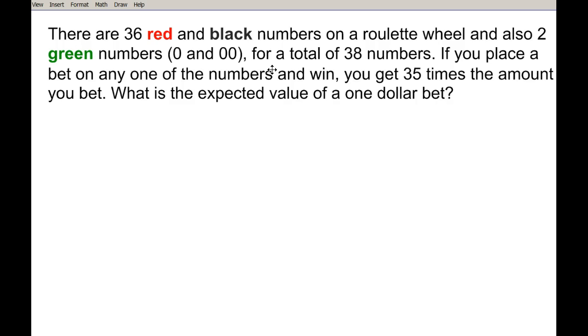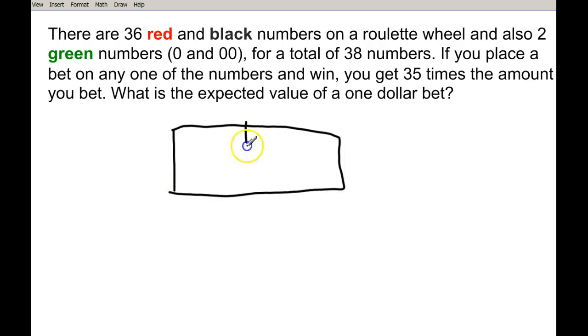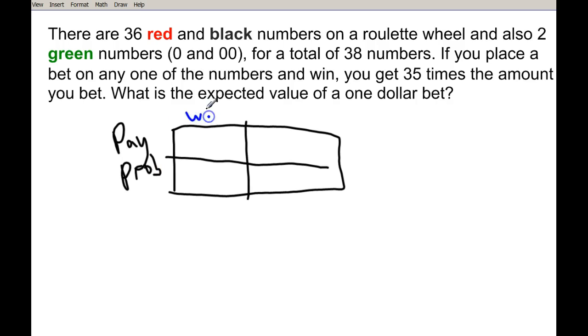So we don't have to do quite as big a table for this one. The payout and the probability of that payout. And up here we're going to say the win and the loss.